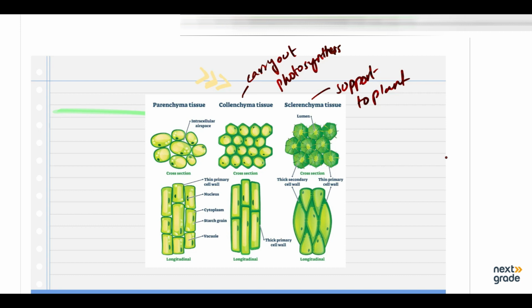So as they perform different functions, they show great variation in shape and size.